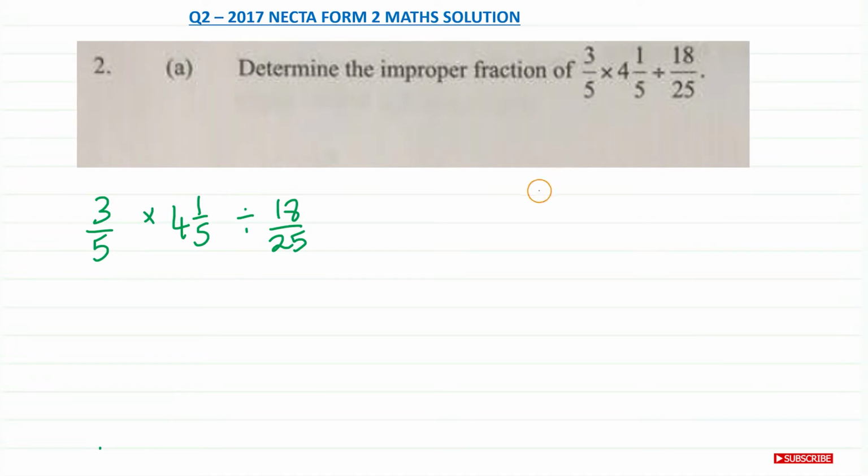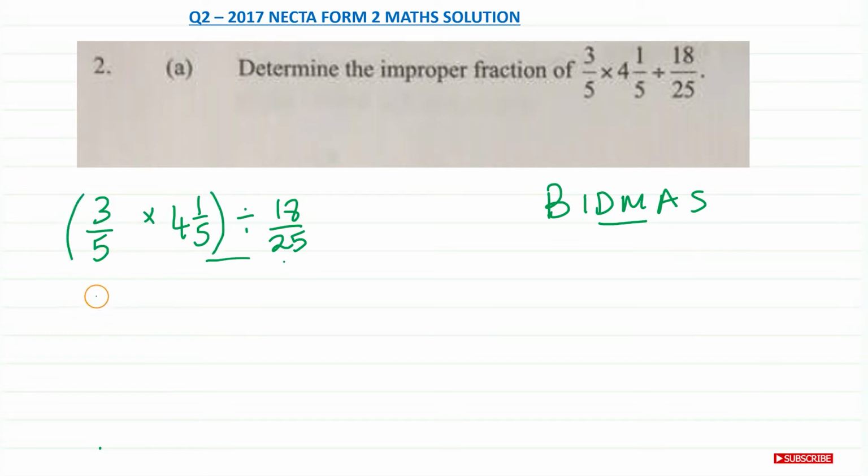You can think of BIDMAS here, but it doesn't really matter because BIDMAS says we need to do division first, multiplication, but doing division and then multiplying, or multiplying and then dividing, is the same thing. So you will get the same answer if you start with these two fractions and then deal with that one, or deal with these two first and then multiply with 3/5. So I'm just going to go ahead and start with the two lots first.